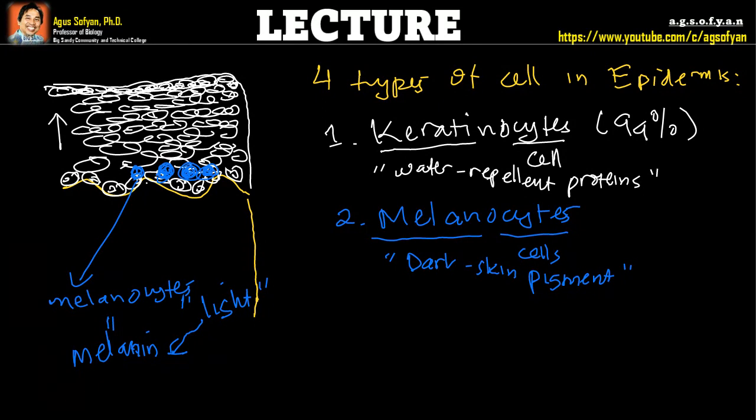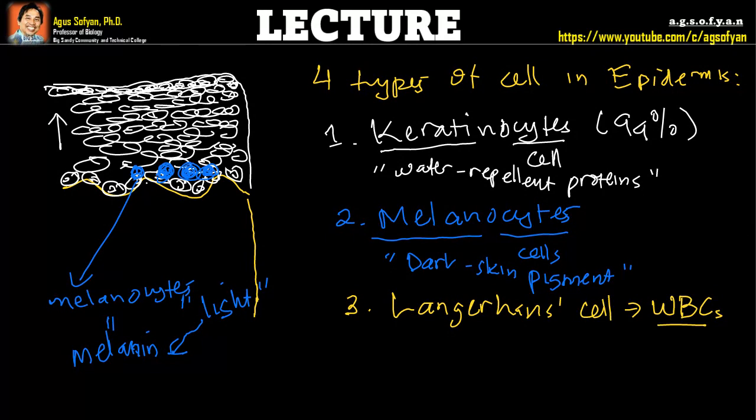The third type of cell in the epidermis is called Langerhans cell. This Langerhans cell is actually a white blood cell that stays in the skin, in the epidermis. We know the function of white blood cells is to fight against infection like bacteria.